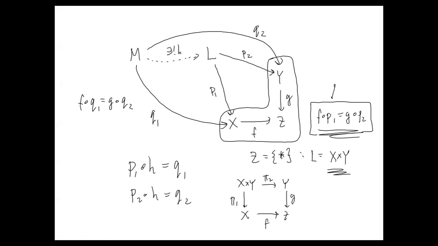This equality no longer holds. Why not? Well, according to this equality, if I take a pair (x, y), I map it down by pi1, it will map to x, by pi2, it will map to y, and then f maps x to the same spot that g maps y. f(x) must equal g(y), and this must be true for any pair (x, y).